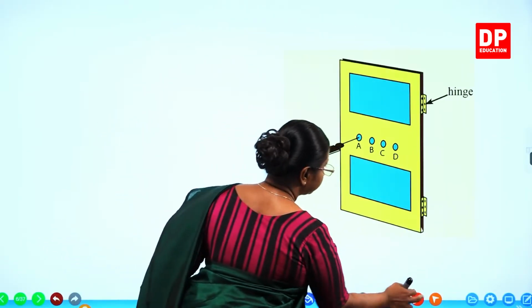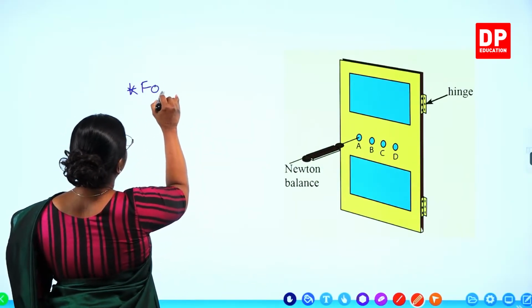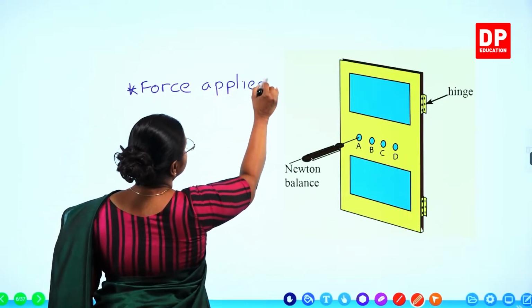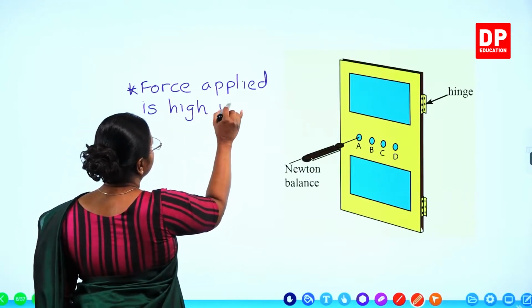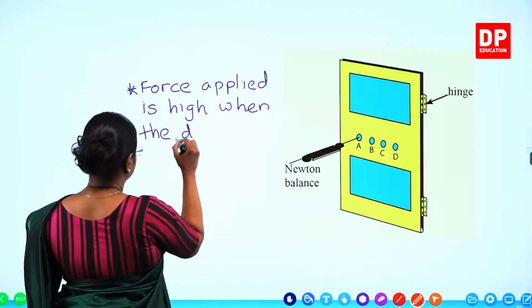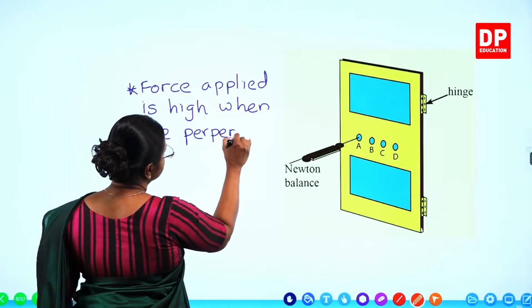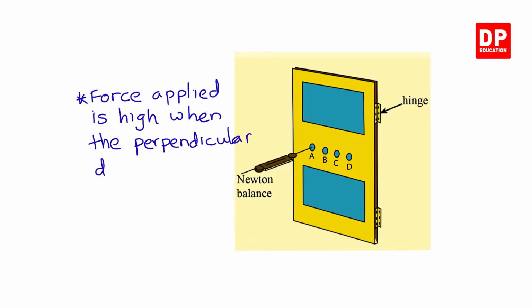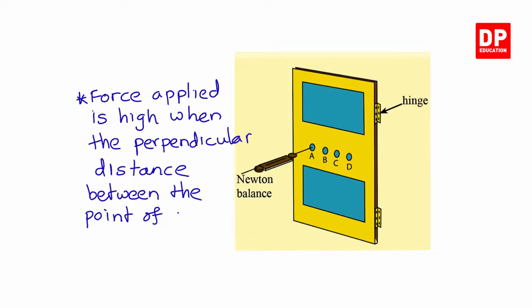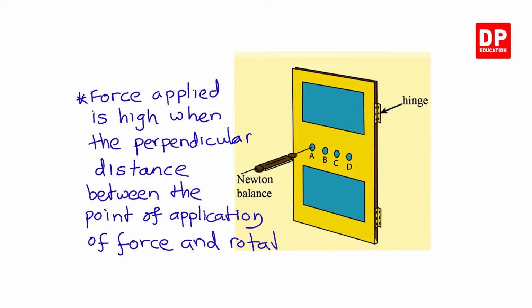So if we write that, we can say force applied is high when the perpendicular distance between the point of application of force and rotational axis is less.